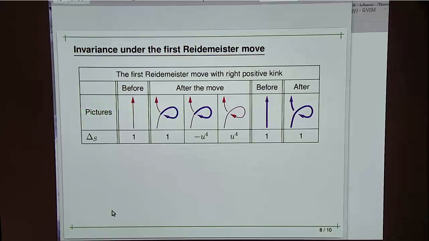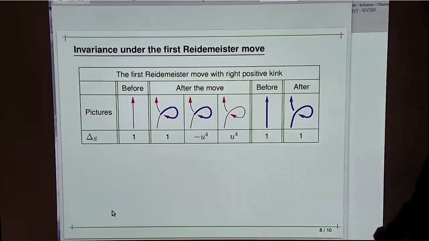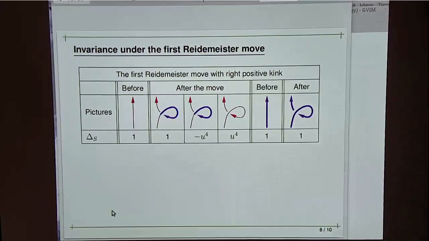So I fix the state, and it is not shown here. The picture is old, when there was another way to mark signs. But anyway, it is clear that this is preserved, and it is well known that it is preserved. It is from these old times, so it is just a state sum.